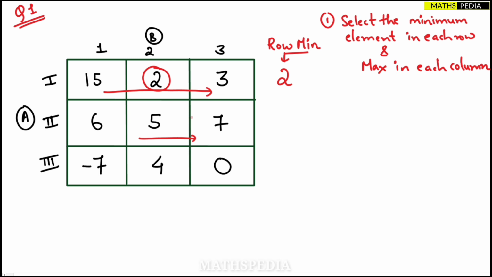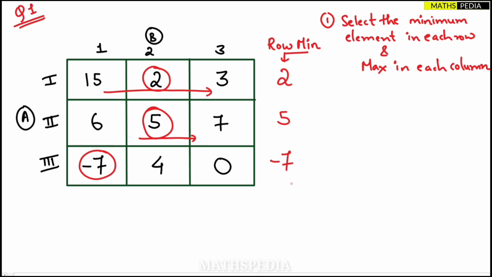Second row, if you see 6, 5 and 7, which one is the minimum number? The least number, which is nothing but 5. So I have written 5 here. Third row, if you see -7, 4 and 0, obviously it is the negative number -7 which will be the minimum, so I have written -7.